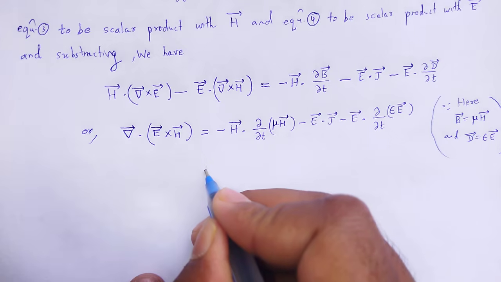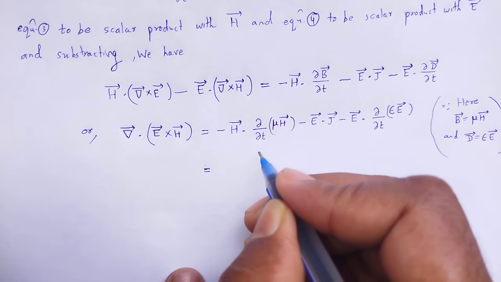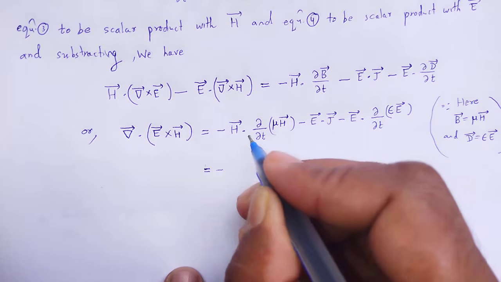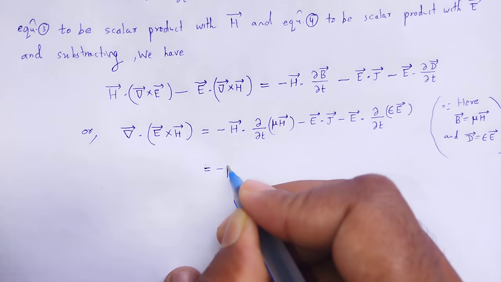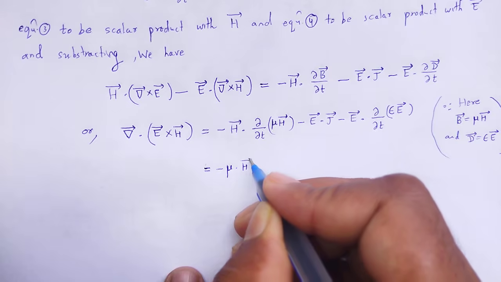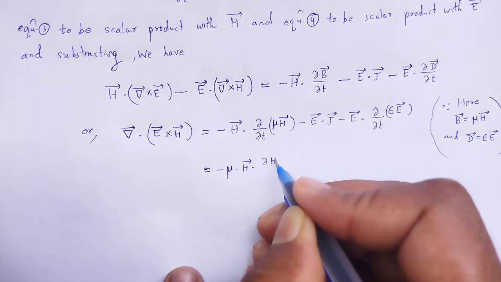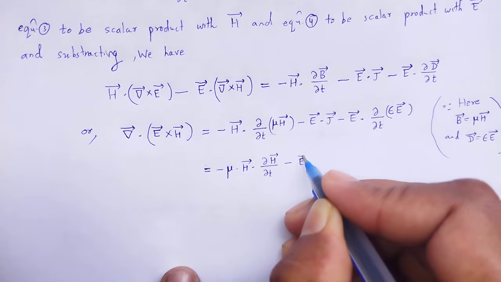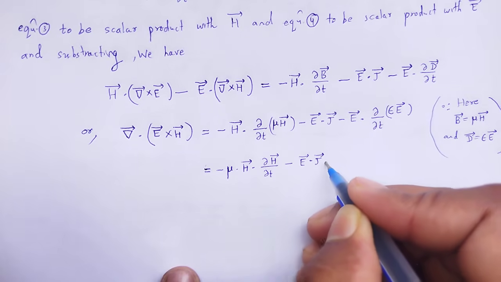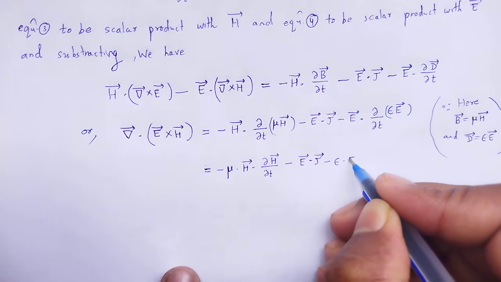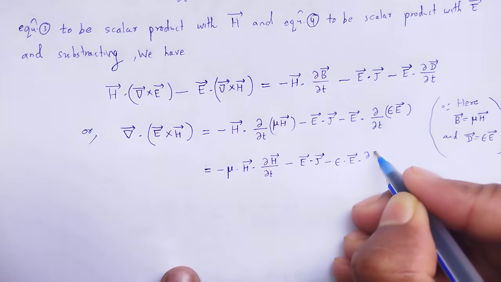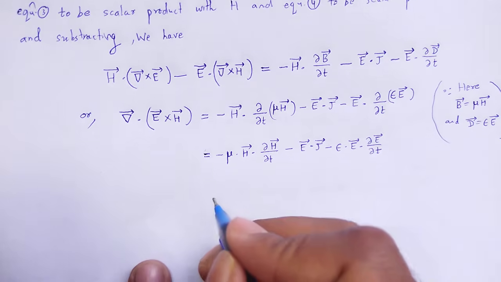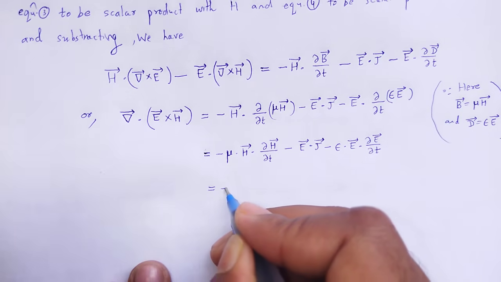Is equal to minus mu to that of outside H vector dot del H vector by del T minus E dot J epsilon E vector dot del E vector by del T minus mu.